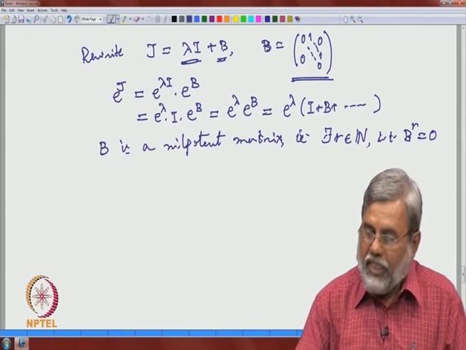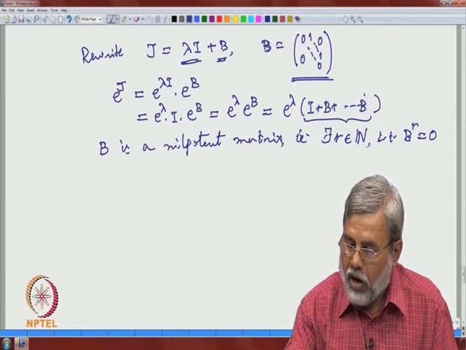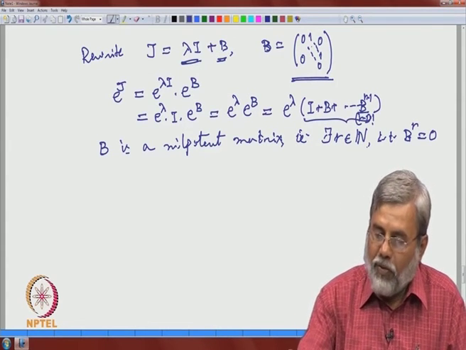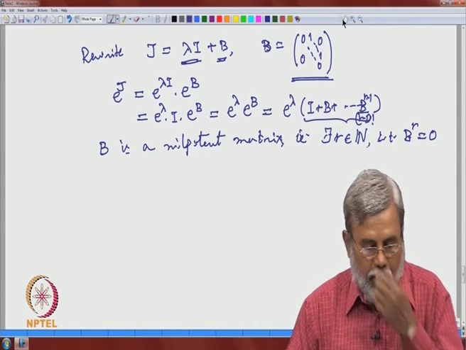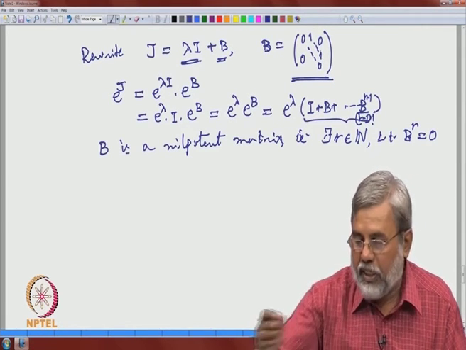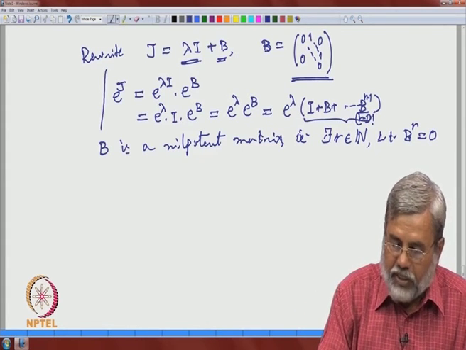So, this is a finite sum. It only goes up to B to the r minus 1 by r minus 1 factorial, and it is very easy to compute the powers. The diagonal containing ones will just be shifted above and above. So, it is very easy to compute, and we have this thing.